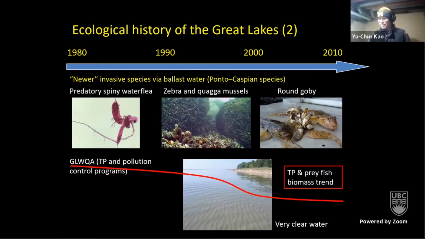It is very common. If you go to our lakes, you will see the water is most frequently this clear. Because of this process and the invasive species, we have seen declining fish biomass in the last 20 or 30 years.